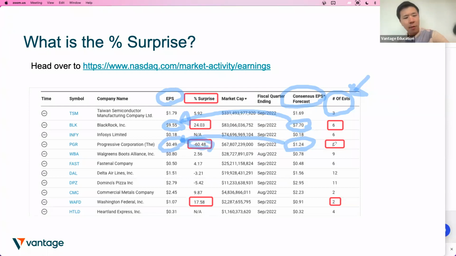We got a question asking, what's the average percentage of volatility increase for earnings date? It's hard to say the average because it really differs from company to company. For example, for Walgreens, we can take a look at it later, earnings per share is 0.8, the forecast is 0.78. It wasn't much of a surprise.